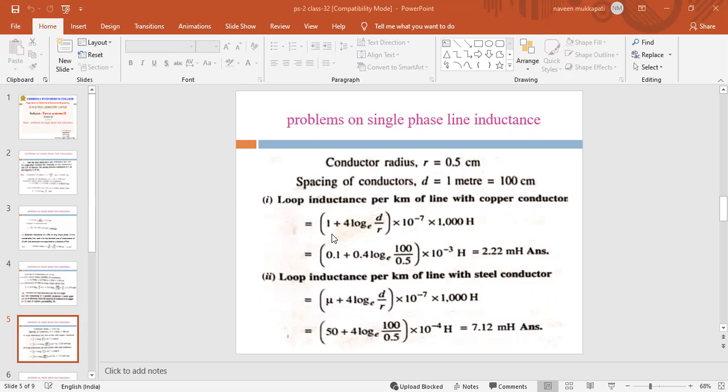If copper is the conductor, the formula for the inductance is 1 plus 4 log e D by R. For steel as a conductor, it is mu plus 4 log e D by R into 10 power minus 7, per kilometer, meaning multiplied by 1000. For the loop inductance per kilometer, that's why we multiply with 1000.